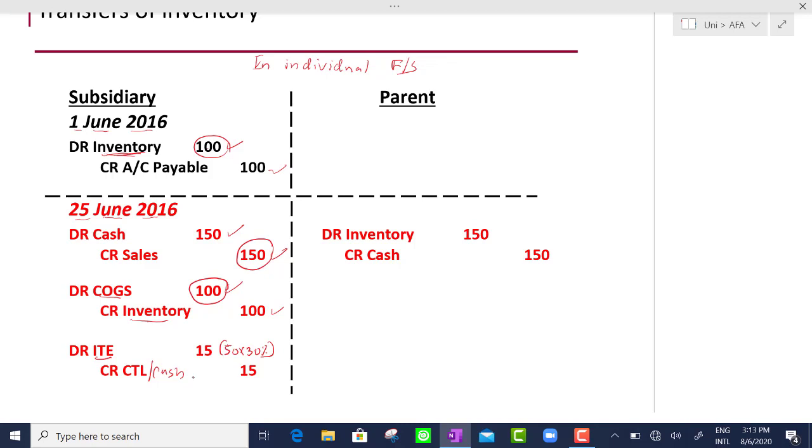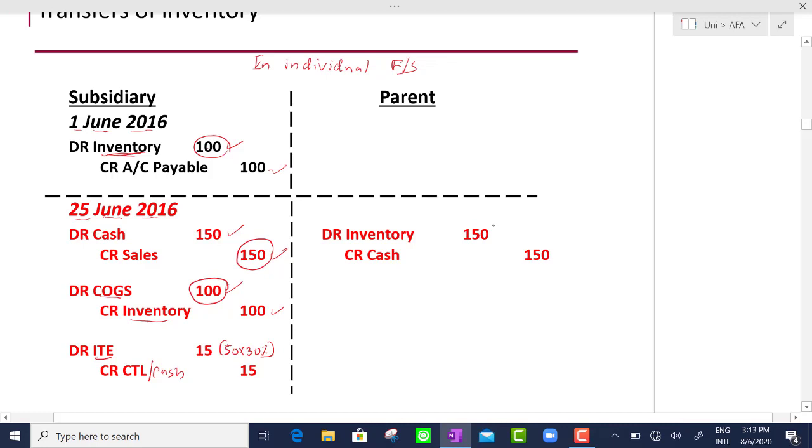Let's come to the parent's books of accounts. Again and again I am telling you that these are the entries that we make in individual financial statements. Now the parent company acquired this stock from the subsidiary company at 150.